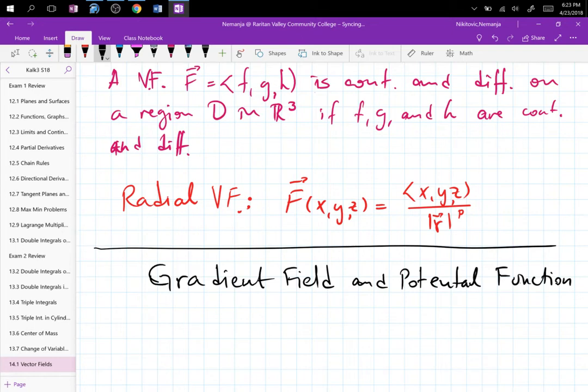Go back in time, 3 months ago. We said that r is f of t, g of t, h of t, right? We said that.